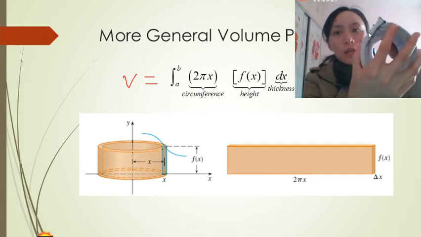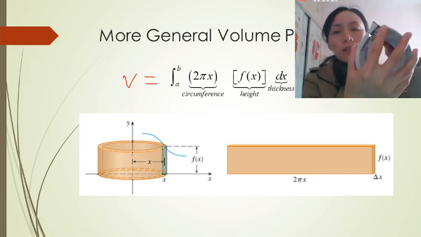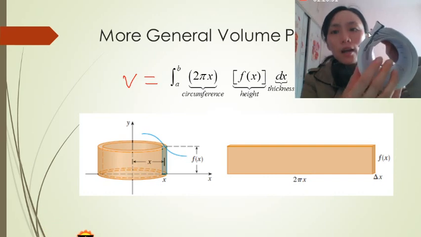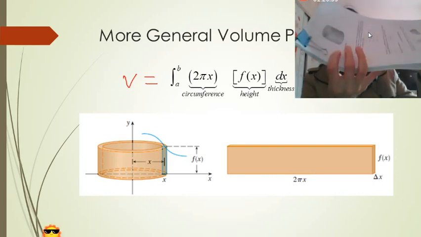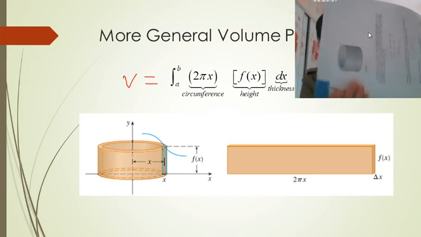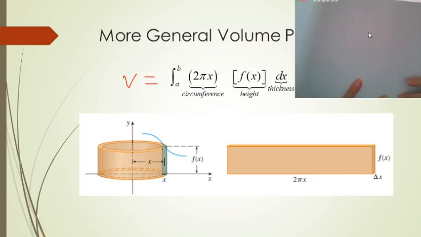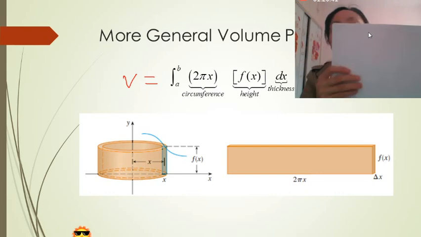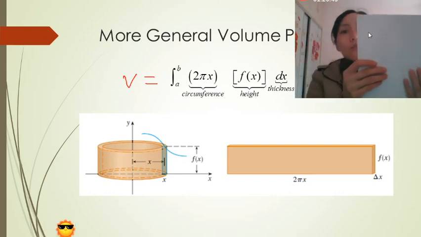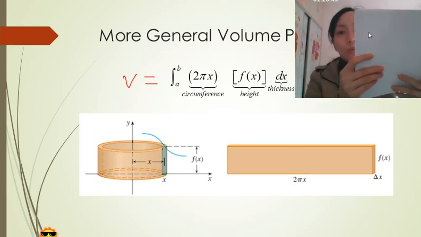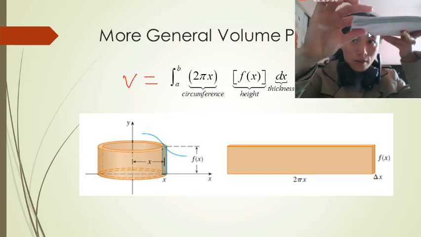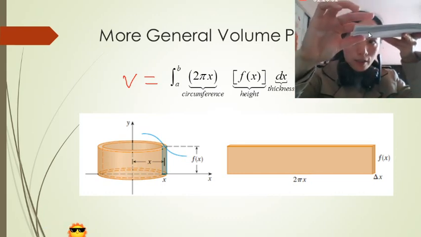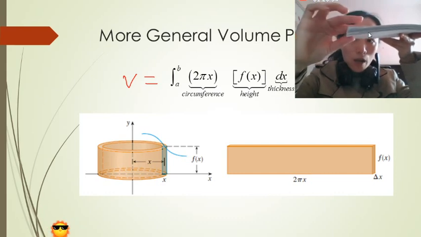Now, how can we understand this as circumference times the height? If you unfold it, my notebook looks like a rectangular box with a little thickness, right? That is how we understand the volume of the shell.